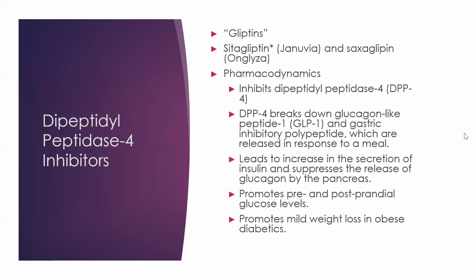Distribution: following a 100 milligram intravenous dose of Januvia in healthy patients, the volume of distribution is approximately 198 liters. Metabolism and elimination: 16% of the radioactive dose was excreted as metabolites. 6 metabolites were detected, and the levels in plasma were too low to have DPP4 inhibitory activity.